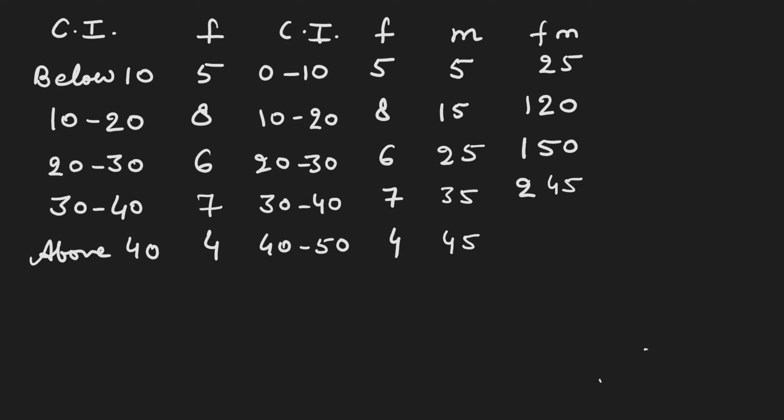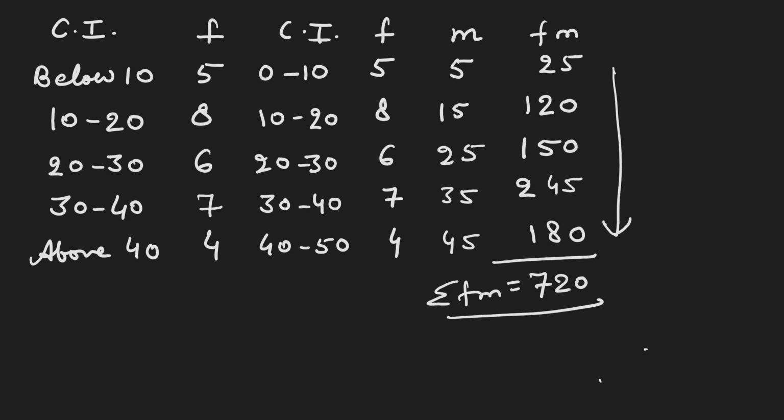Then 4 into 45 will be 180, and if we sum all these values we will get summation fm as 720.